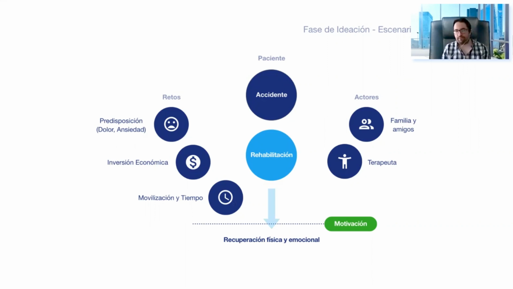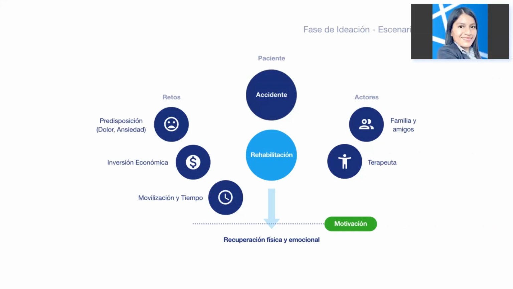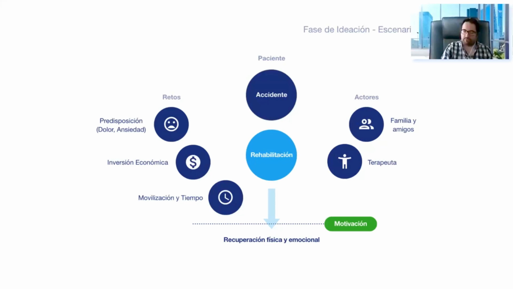And patients are not the only ones that go through this process. Therapists and family and friends are also part of this. So all these factors come into play when you're physically and emotionally trying to get rehabilitated, and the factor that drives the most is motivation.